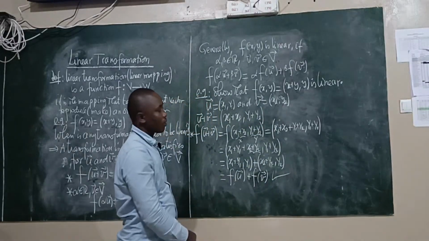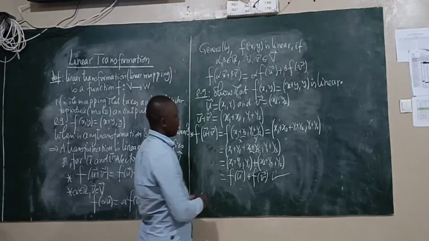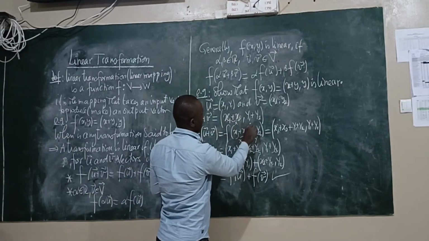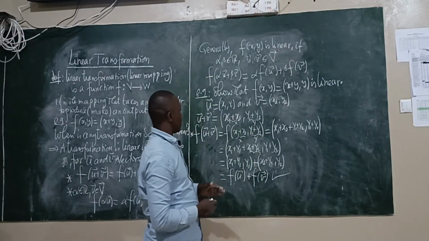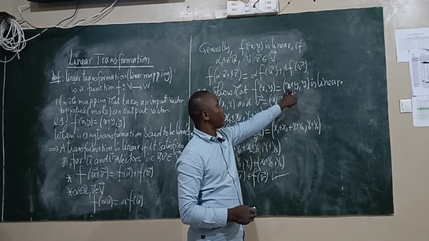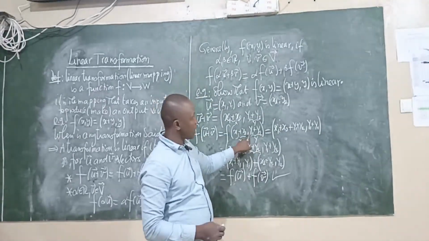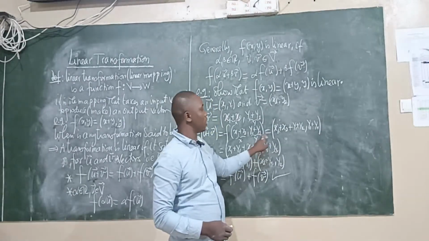It's done the same way as when summing two vectors. When having f of u plus v, here this stands for x, while this stands for y. That's why instead of having this, you replace x by x1 plus x2 and replace y by y1 plus y2. That's what we did here.